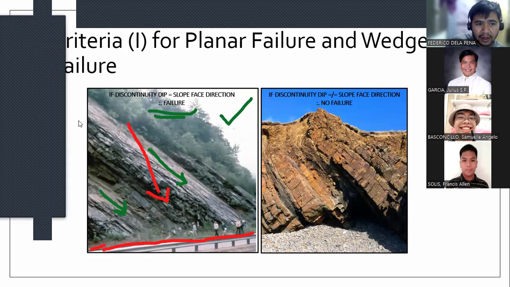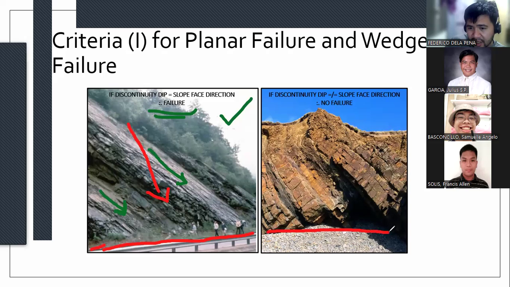You can see the slope face is oriented towards this direction, while the bedding planes, the discontinuities, are oriented towards this direction. It's basically almost perpendicular. There's no way these blocks of rock can undergo failure, except for some parts of it.